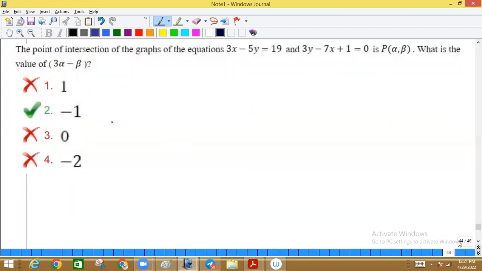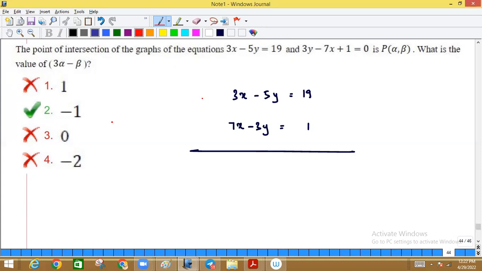The point of intersection, what is the value of 3 alpha minus beta? It is again the same thing. What do we do? 7x minus 3y is equal to 1. Multiply it with 3, multiply it with 5, then subtract. Take the positive value. How much is it? 35, 9. When I say 26, this gets cancelled if you subtract.